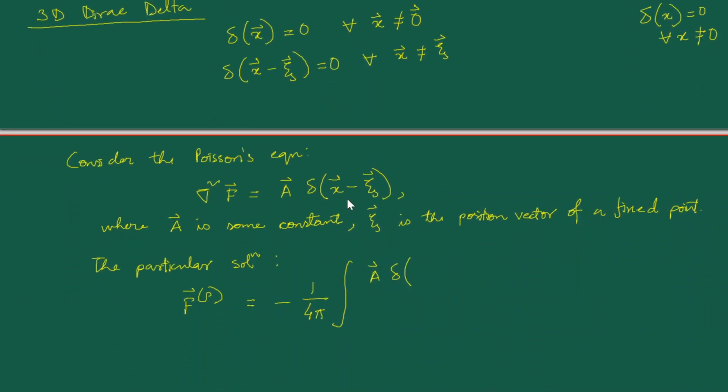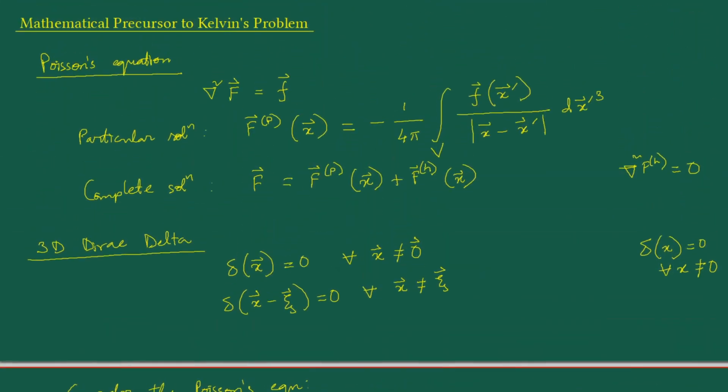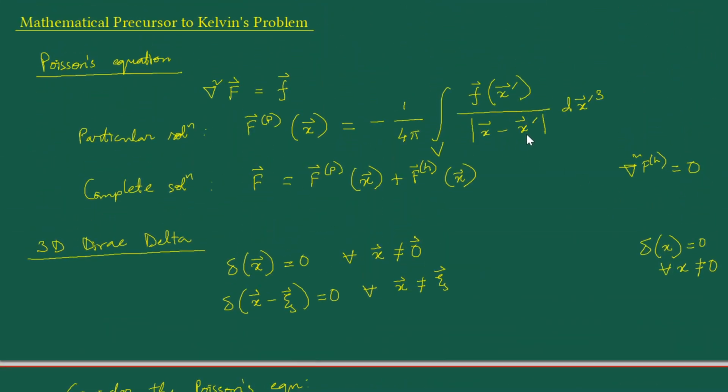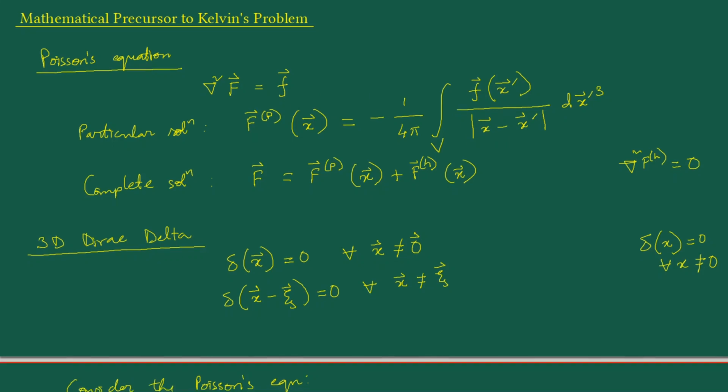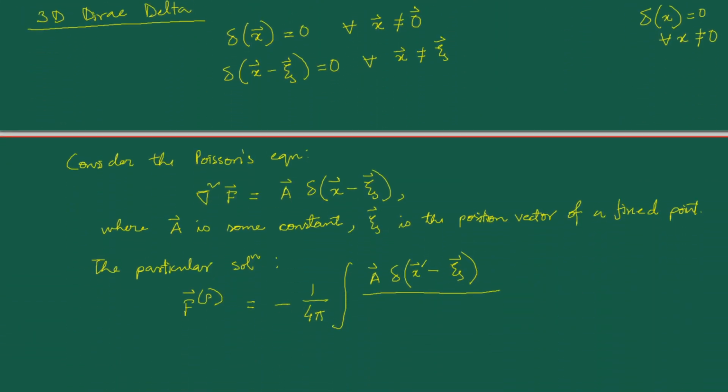Whatever was x in the original equation, we are going to replace it by this x dash. The xi is the position vector of a specific point, we don't touch it. And in the denominator, you note that we had written it like x vector minus x vector dash. So this x vector is the x vector that is relevant to the original equation, and this is the dummy variable that we have introduced. So this denominator simply does not change. There is no story of this xi here.